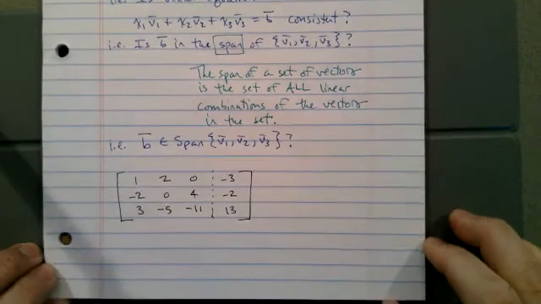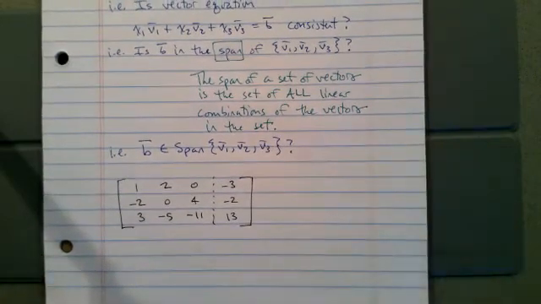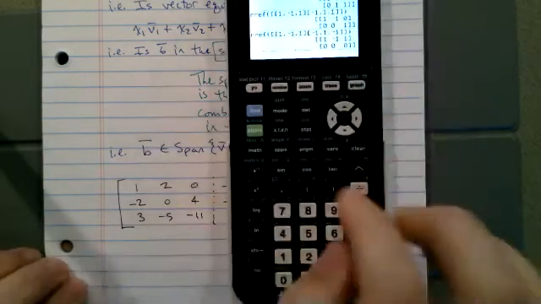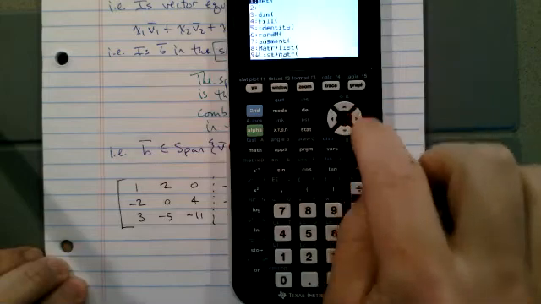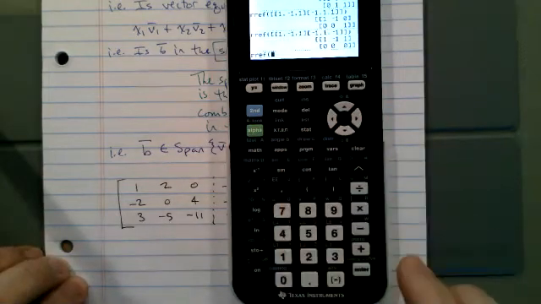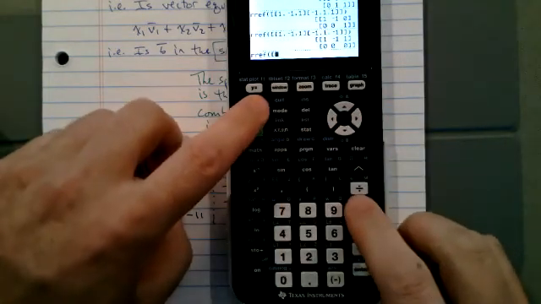Now that we've written down the augmented matrix of the vector equation, I want to know if it's consistent. So I'm going to have to enter this because I forgot to enter it in the beginning.